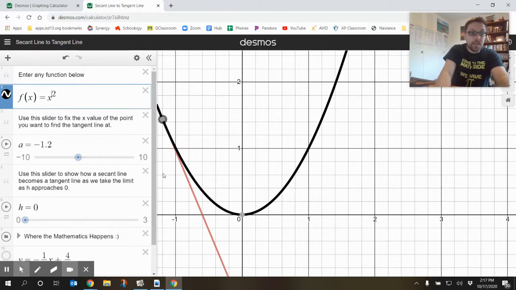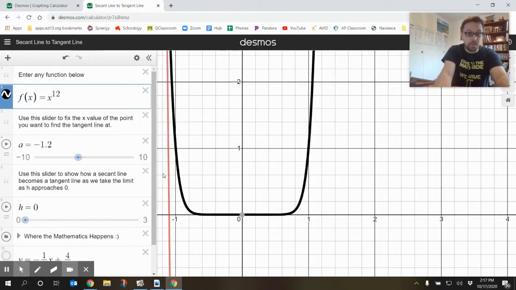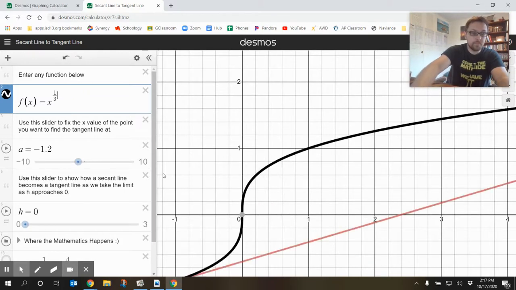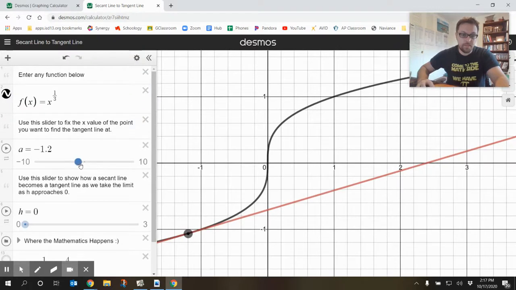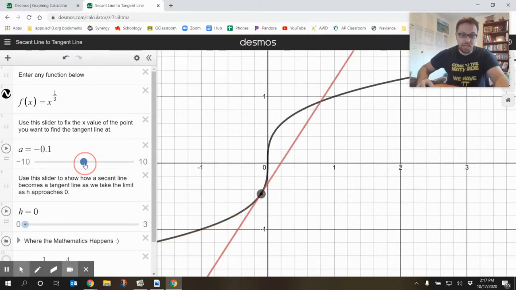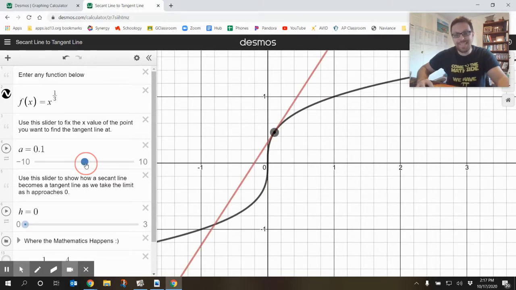So I would like x to the 1/3. As we check our tangent line, we're down here, and then as it comes up, it's underneath our graph, but then right here at 0, it doesn't really know where it should be, and then afterwards, it's suddenly on top of it.